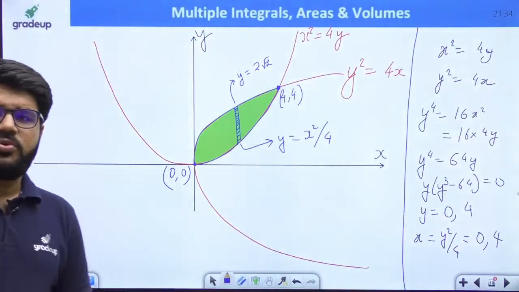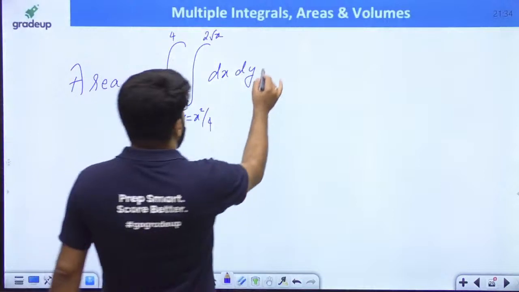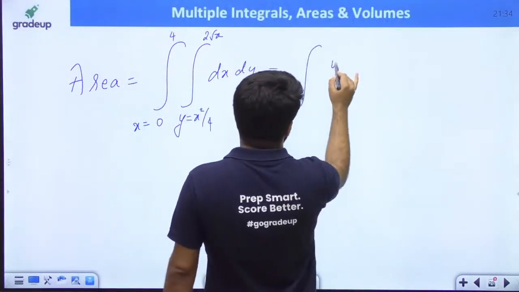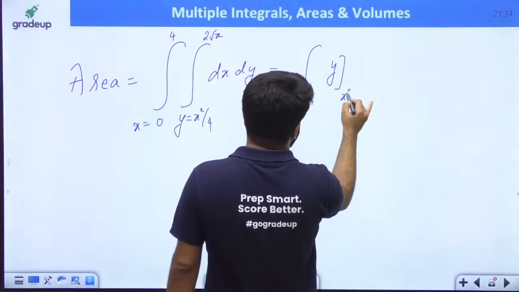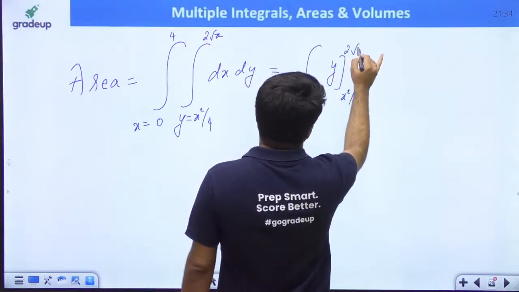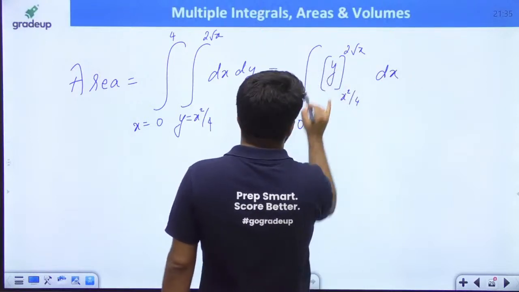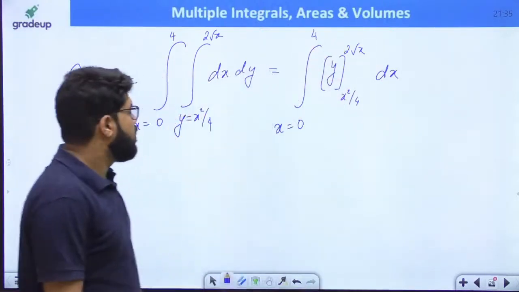Yes, Sunil, Himanshu, right, you are giving 16 by 3. Now, first you have to integrate with y. So the integral of dy is y, with lower limit x square by 4 and upper limit 2 root x, dx, integral x equal to 0 to 4.